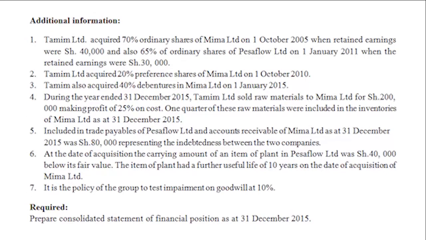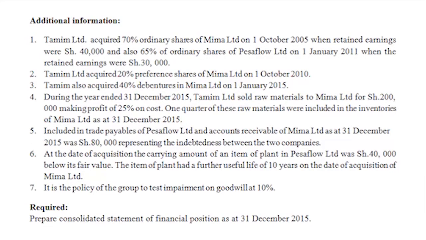Tamim also acquired 40% debentures in Mima Limited on 1st January 2015. 4. During the year ended 31st December 2015, Tamim Limited sold raw materials to Mima Limited for 200,000 shillings, making a profit of 25% on cost. 1/4 of these raw materials were included in the inventories of Mima Limited as of 31st December 2015.